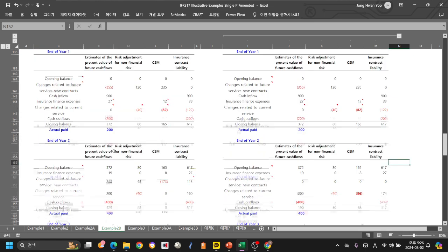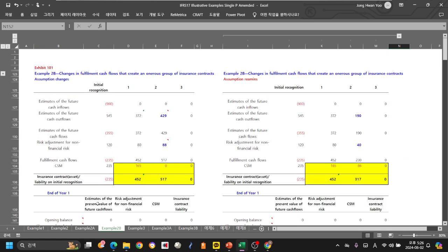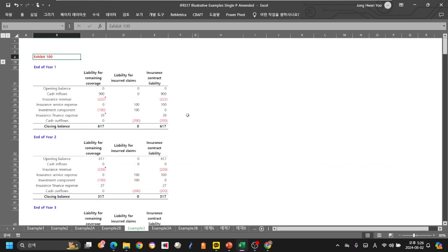And this one is based on, let's say, exhibit 101, and I can simply go through, summarize it into exhibit 100. So this says liability for remaining coverage. This one is LRC, we used to say, and this is liability for incurred claims, LIC, decomposed into two different parts.